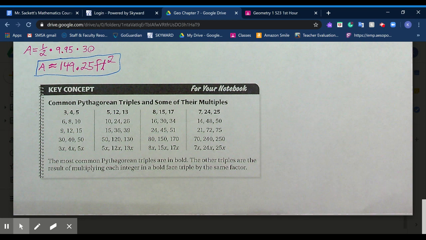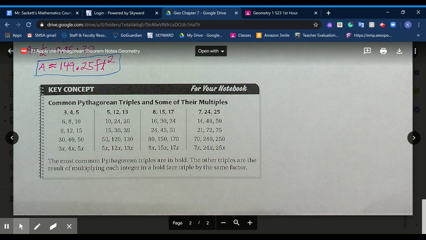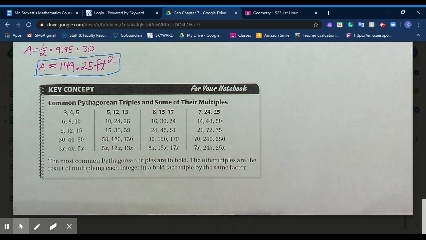So if you ever look at a triangle and you're just given side lengths, Pythagorean triples always create right triangles. So if we ever have a triangle where the sides are 3, 4, 5, we have a right triangle. 5, 12, 13, 8, 15, 17, or 7, 24, 25.